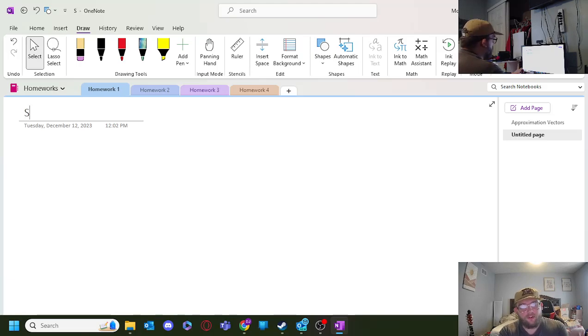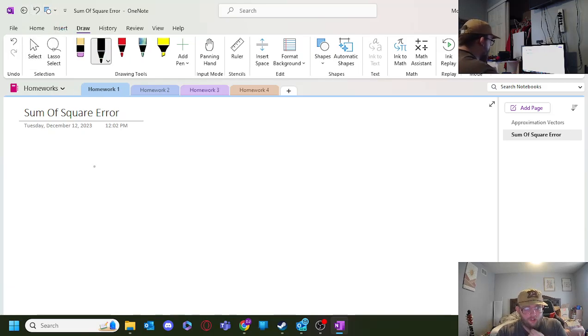Anyways, what we're going to be talking about in this part is sum of square error. What sum of square error is, it's the y from your model minus the actual y, squared.